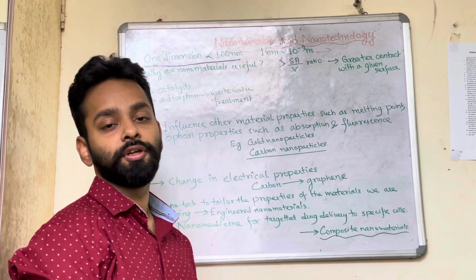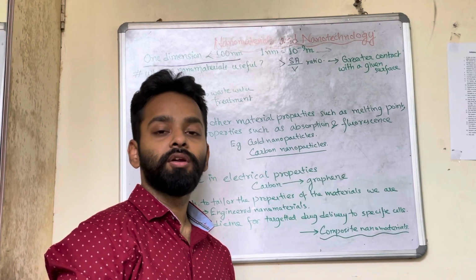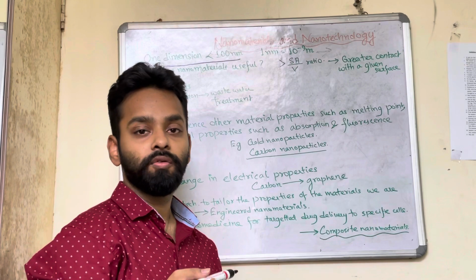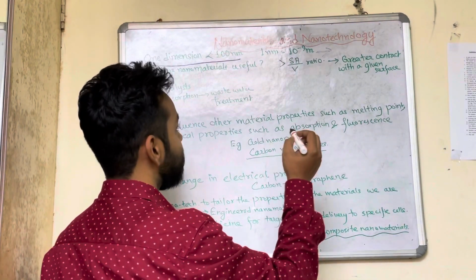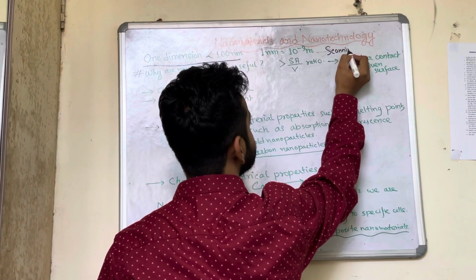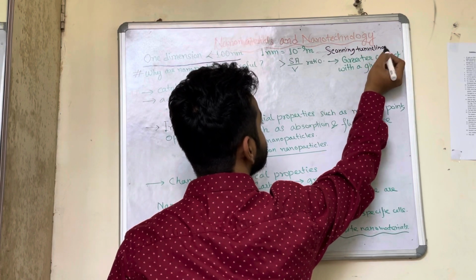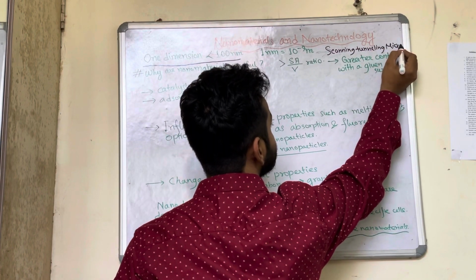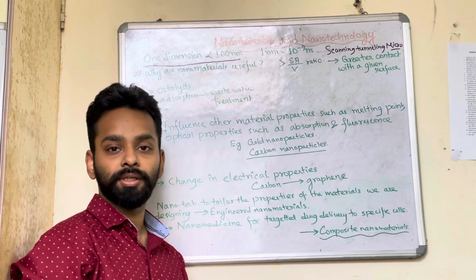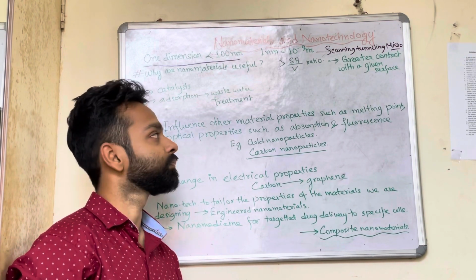So we opt for electron microscopes, and in order to visualize and analyze their surfaces or their morphologies, we go for what is known as a scanning tunneling microscope. This is one of the best techniques available today to visualize nanomaterials with the highest resolution.